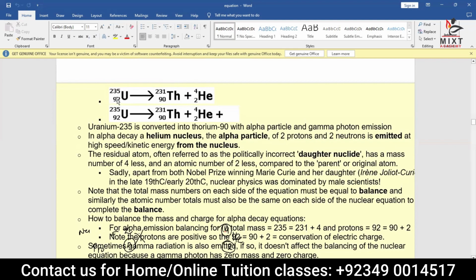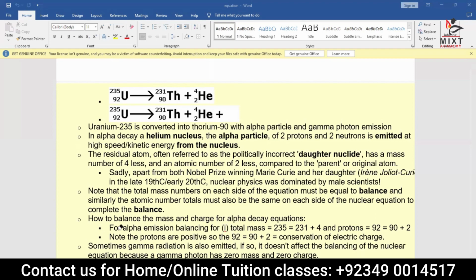I want you to write these equations. So what exactly changes when there is a change in atomic number and mass number, if I ask you in terms of number of neutrons, protons, or electrons? The neutrons stay the same, but the protons decrease by 2.